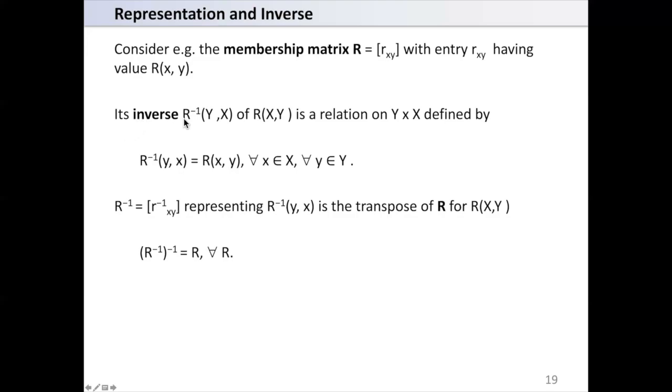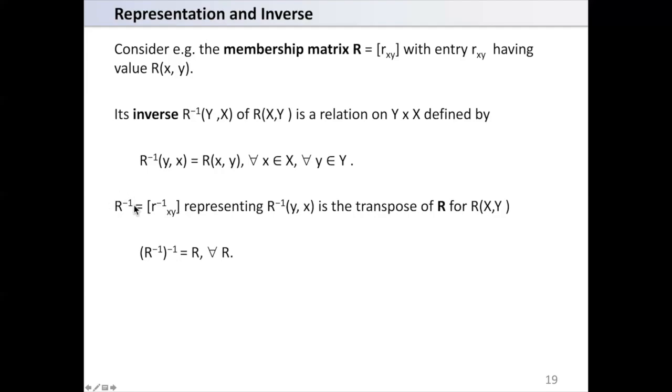Its inverse, shown as R^-1 on yx, of a relation on xy, is a relation on the Cartesian product Y×X defined by the inverse at point yx being equal to the relation at xy, for each x, element of reference set X, and for each y, element of reference set Y.